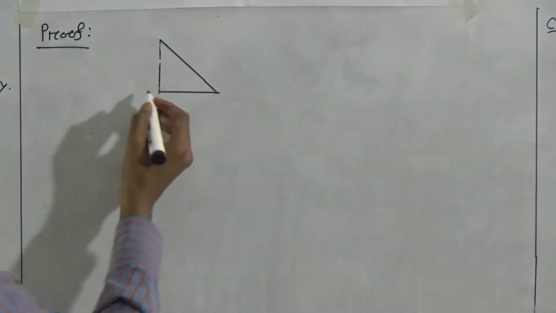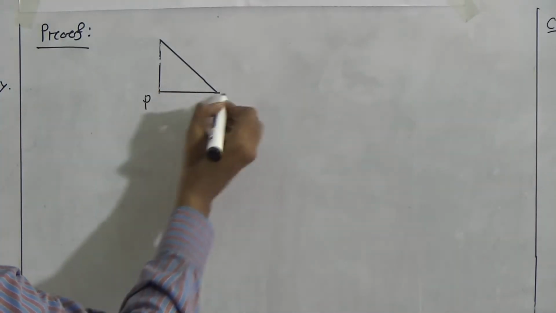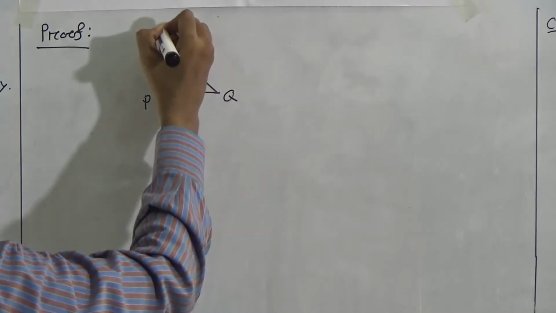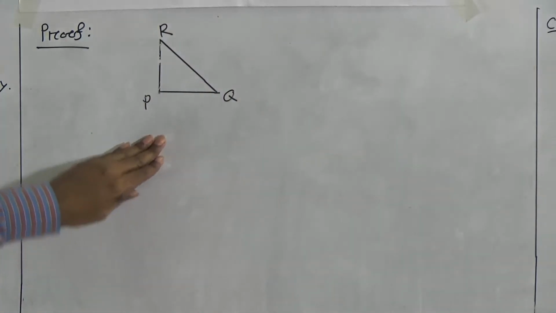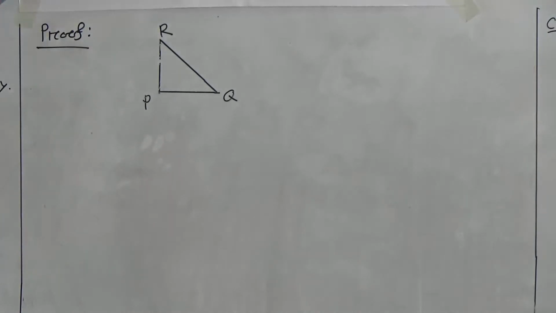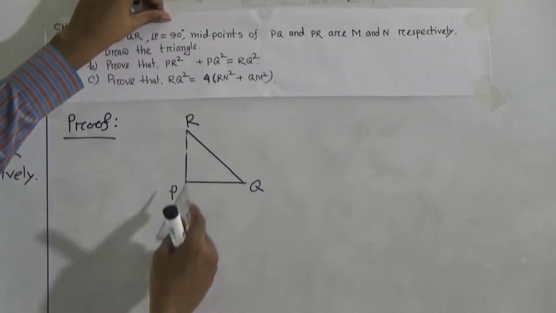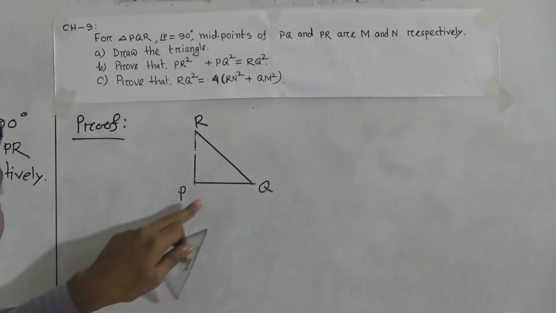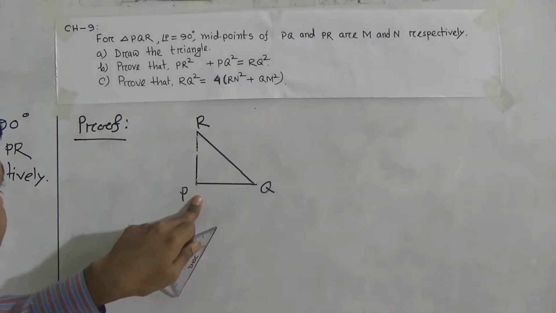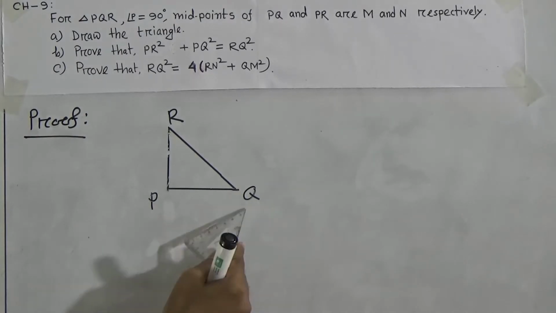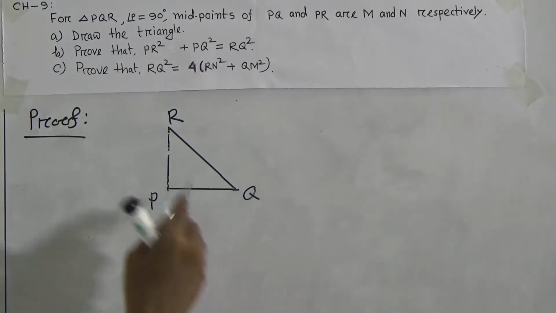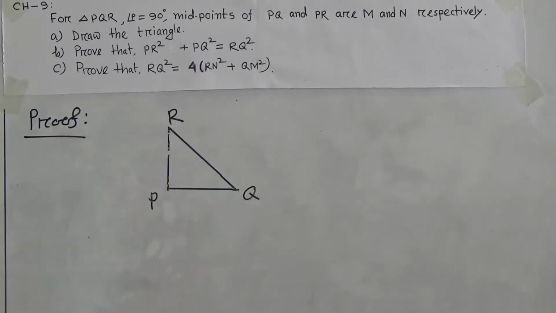Okay, this is P, this is Q and this is the R. Why have you taken P here? Because the information given is P equal to 90 degree. Okay, so I have written like this way, P equal to 90 degree, and midpoint of PQ is M and midpoint of PR is N.